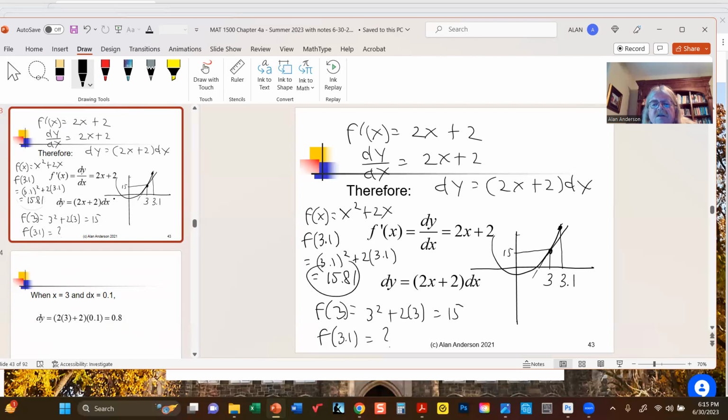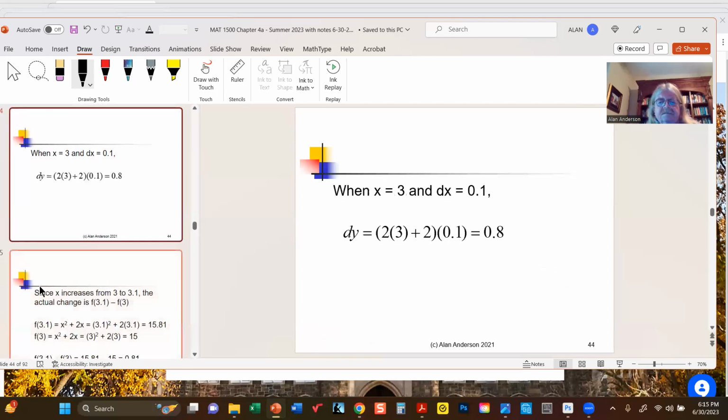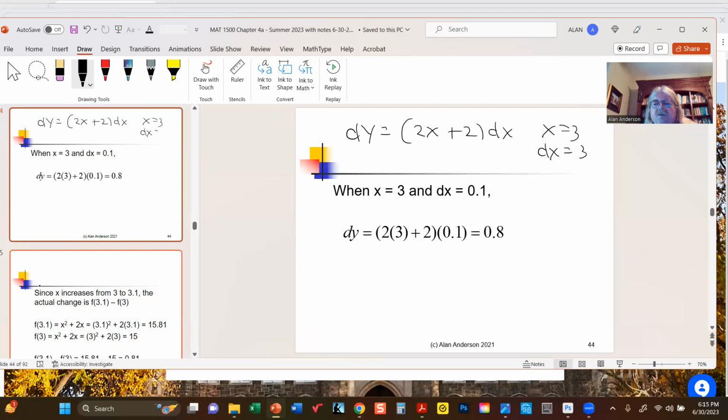But what's the approximation that we're going to come up with? Let's find out. Remember dy, based on the results we just had: x is 3, but the change is 0.1, because we're looking for 3.1.